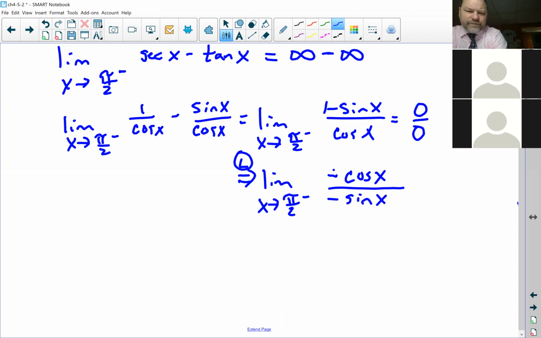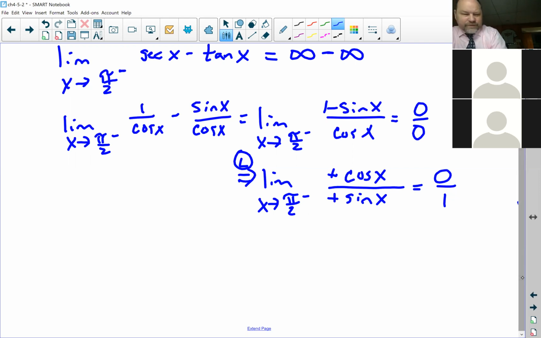And so the negatives do cancel, which is kind of nice. At pi over 2, cosine is 0. Sine is 1. Again, I think the temptation here is to try to do L'Hopital's again, but this is not an indeterminate form. It's just the value of 0.